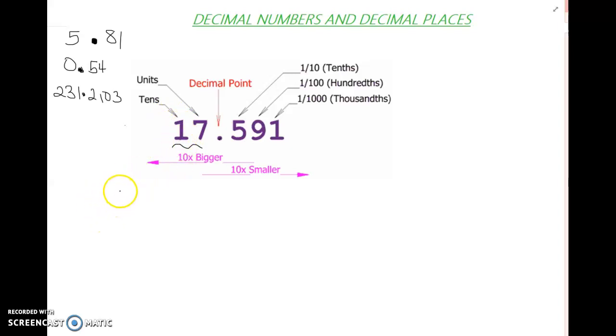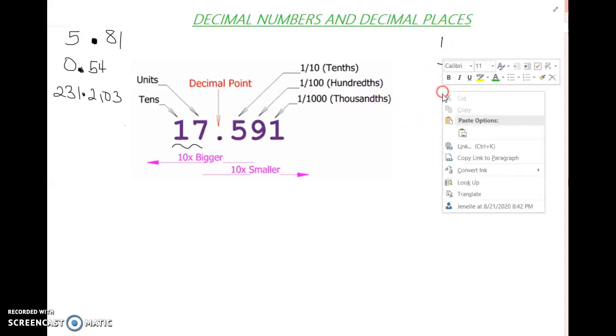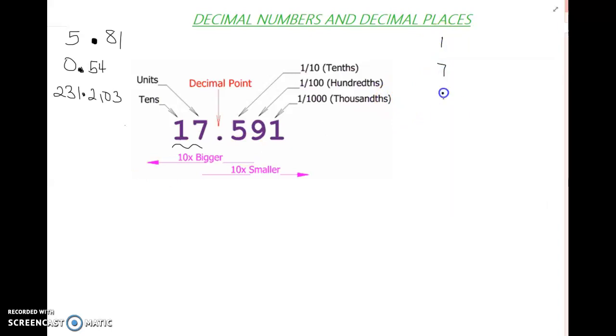Let's write it as, actually I could come across here. I'm going to write it coming down like this. 17.591. So we just said the 7 is 7 ones, which is just 7.